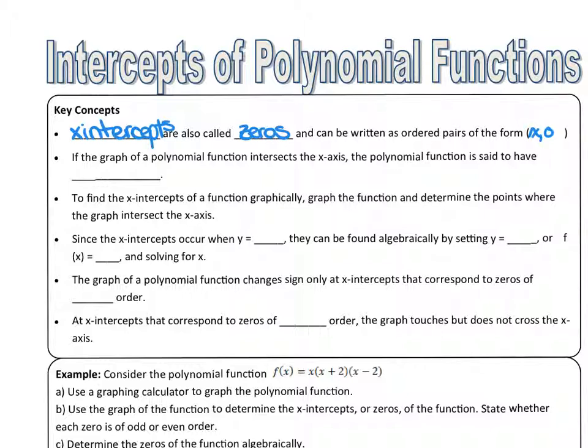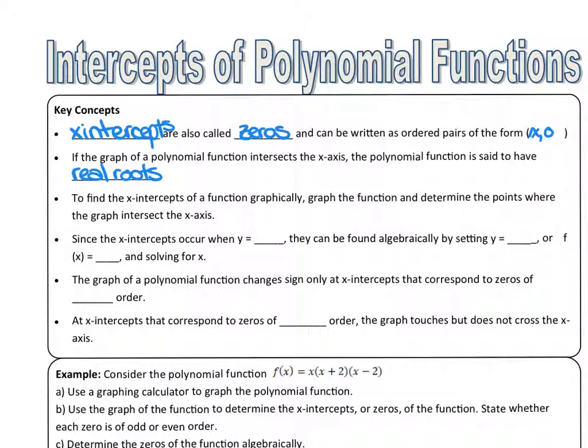If the graph of a polynomial function intersects the x-axis, the polynomial function is said to have real roots. Because there are polynomial functions, especially your even degree functions, where it won't touch the x-axis at all, and in those cases they are not real roots.